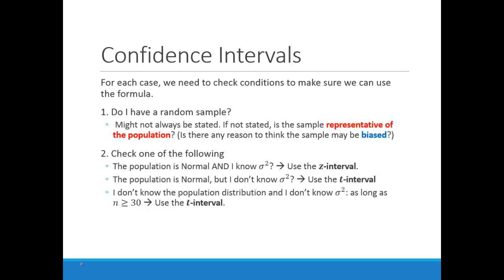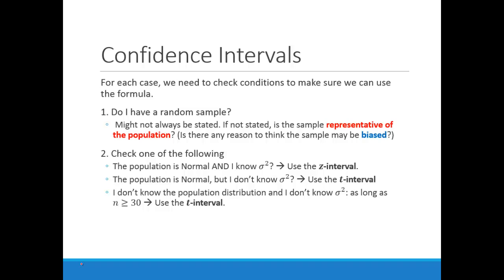That's a foundational thing. So we want to make sure we have a random sample, and if it's not stated, we want to think about whether the sample is likely to be a good representation of the population. Is there any reason to think the sample might be biased? That is going to be a judgment call if it's not stated.